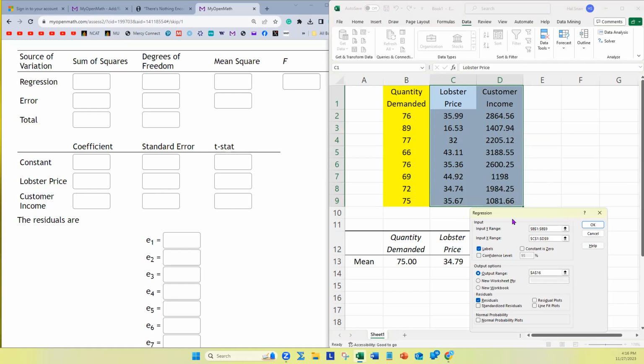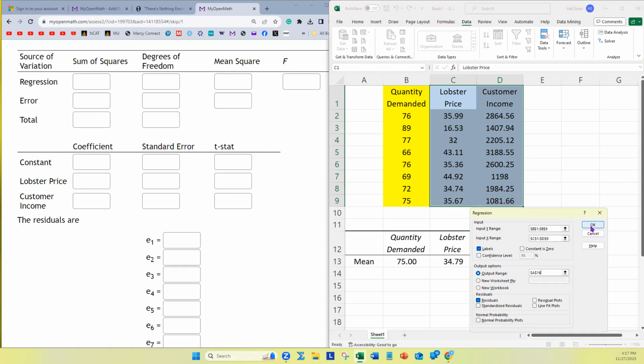C1 to D9. And then labels, output range, residuals. What's your output range? I'm just putting it right below my means, so I'm putting it in A16 down here. And then once you have all that, you can click OK.